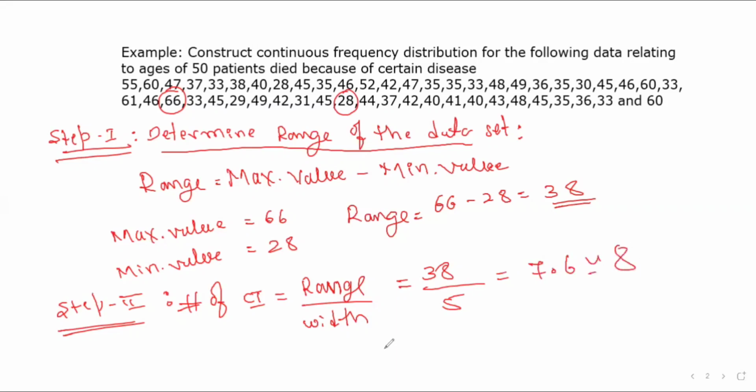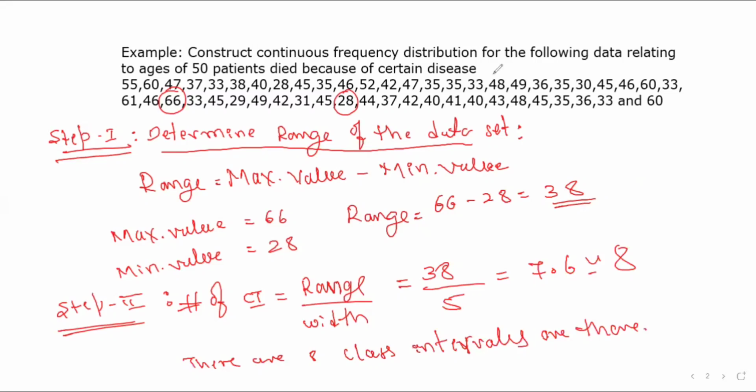So in my table, there are 8 class intervals, right? Now step number 3, which is also important. Using inclusive or exclusive class intervals, you need to prepare the class intervals.